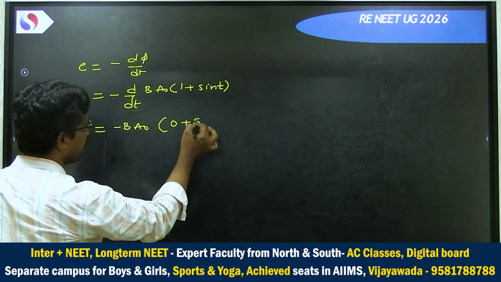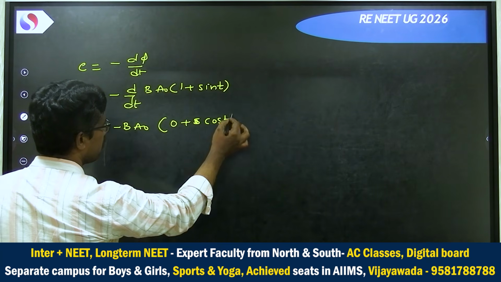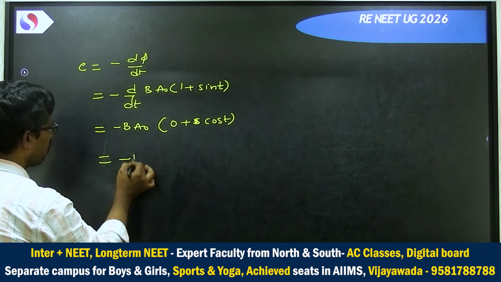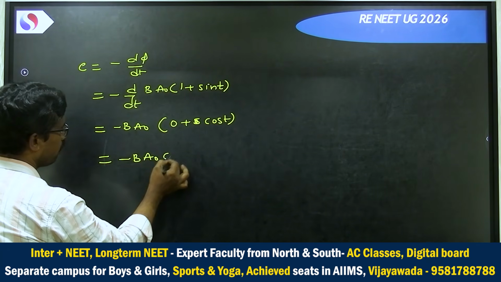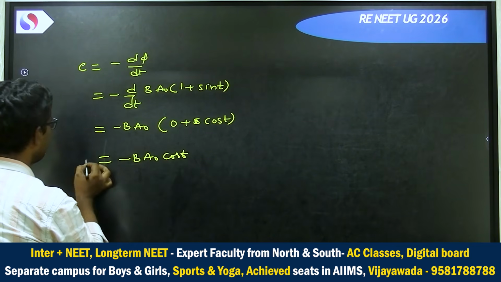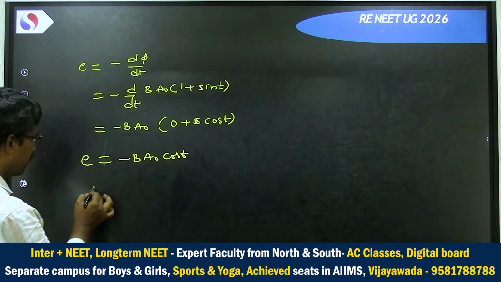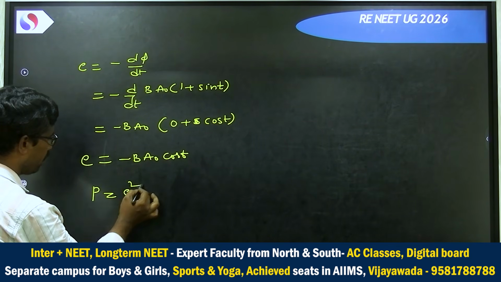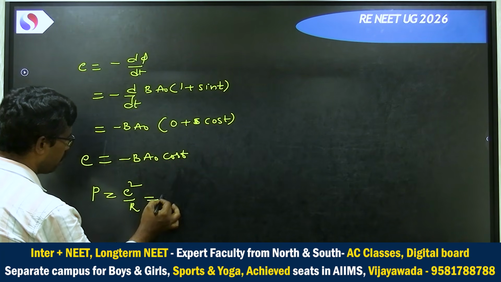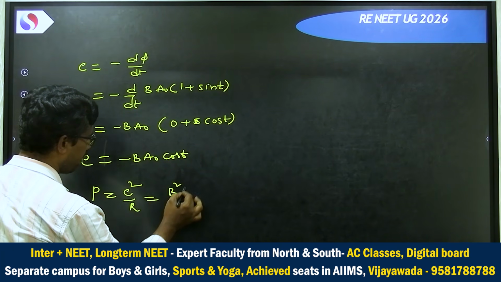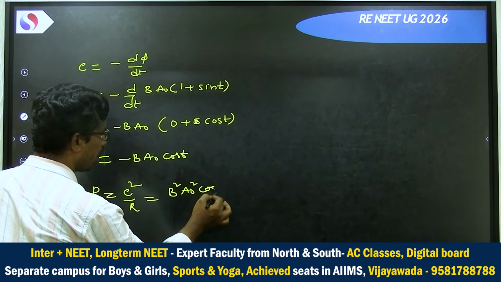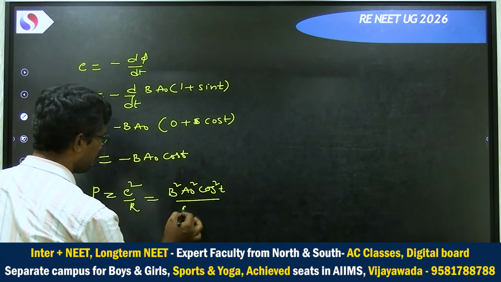Differentiation of sin t is nothing but cos t. This is equal to minus B A naught into cos t. This is the EMF E. The dissipative power P is equal to E square by R. That is equal to B square A naught square cos square t by R.